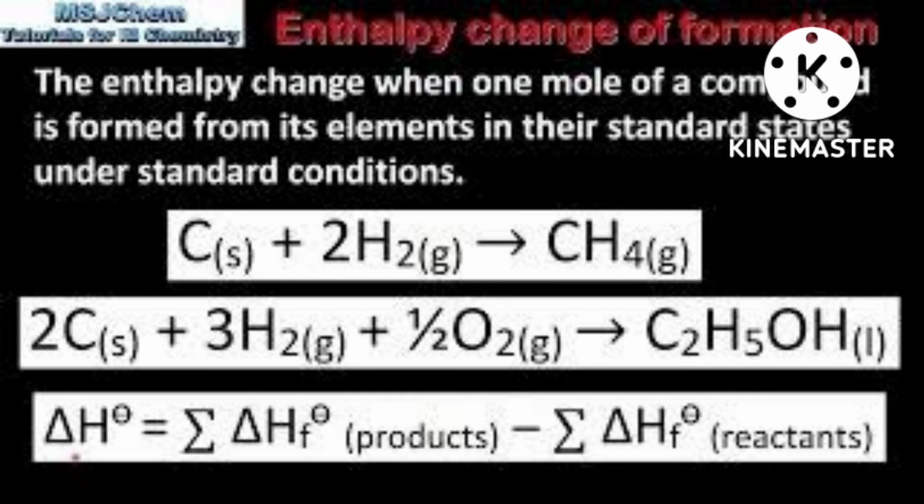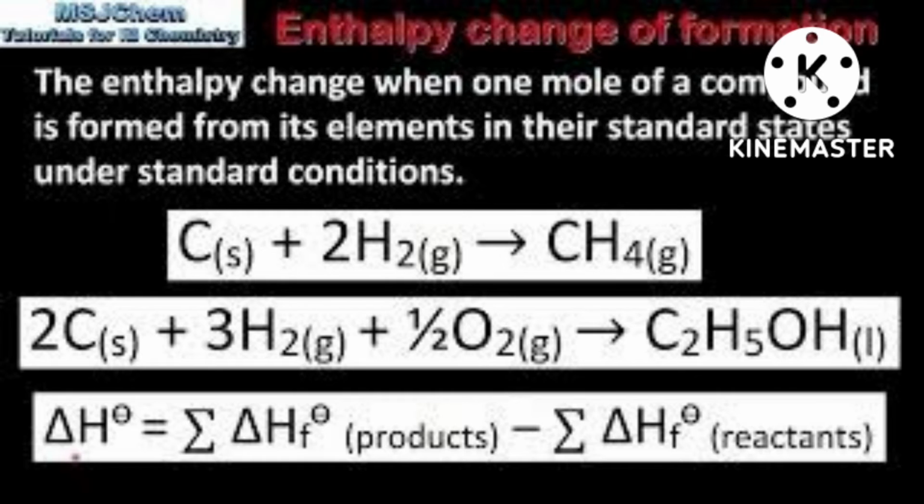Delta H positive means the reaction absorbs heat; you have to supply the heat, and in that case delta H will be positive. Don't forget, this is the only way to tell whether a reaction is exothermic or endothermic. By seeing the sign, you can tell: negative means exothermic, positive means endothermic.